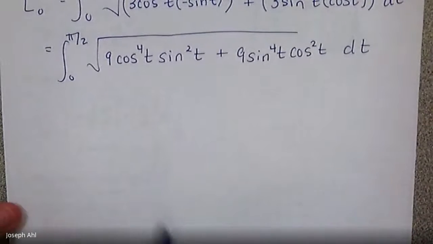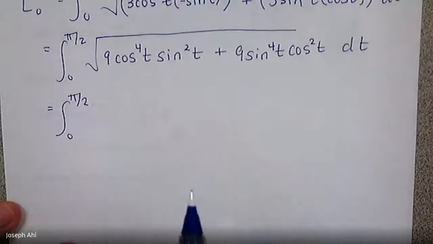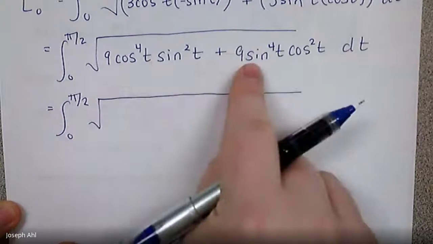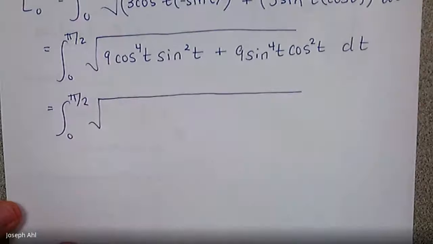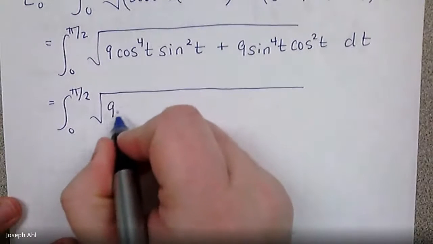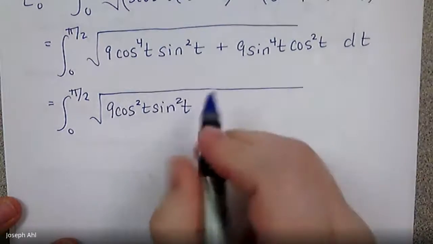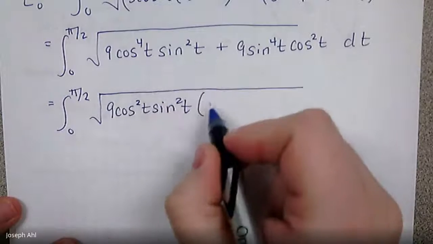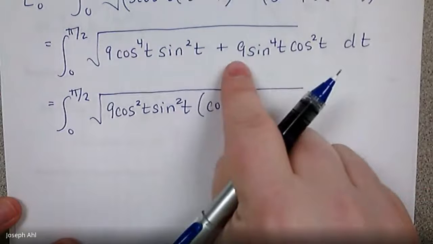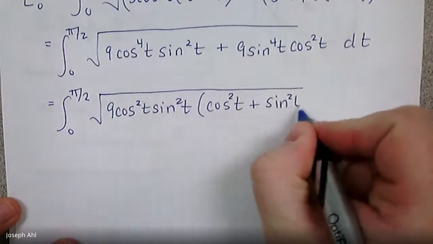And within what we have under the radical there, there's definitely a GCF we can take out. So what is that GCF I'm going to take out in the next step? I'm going to take out a 9. I could take out cos squared, and I could take out sine squared. So let's take all of that out. 9 cos squared sine squared is the GCF. And that leaves me with cosine squared t from the first quantity plus, if I take 9 cos squared sine squared, just a sine squared here.